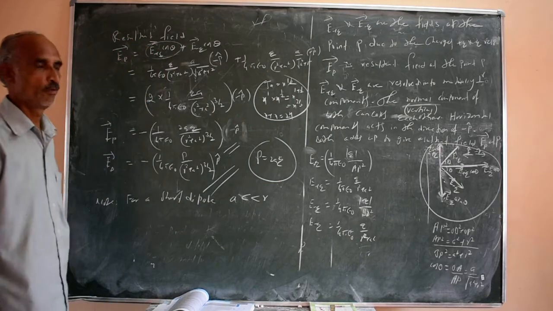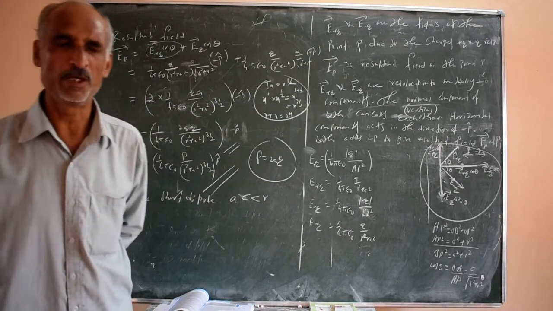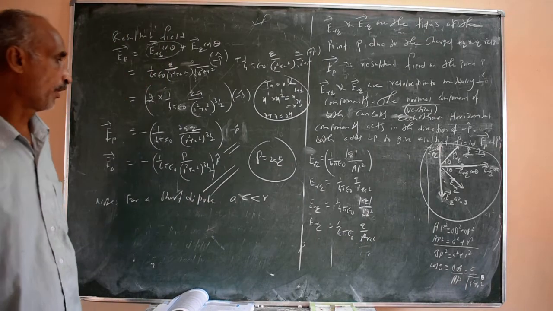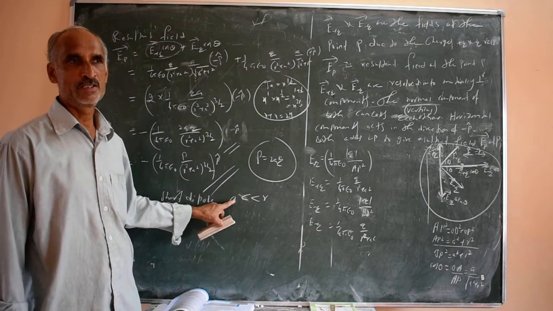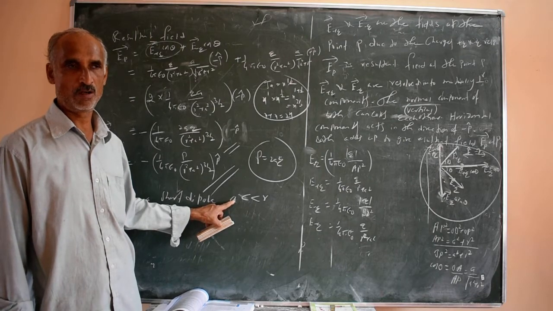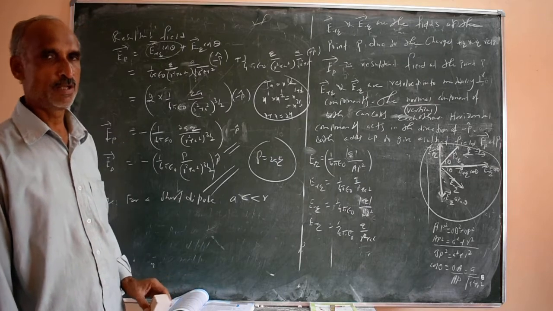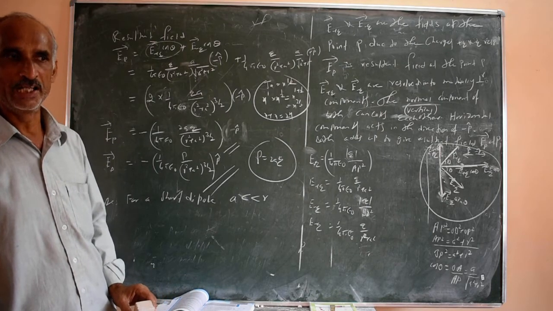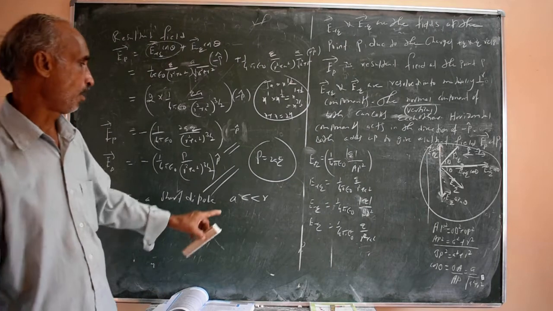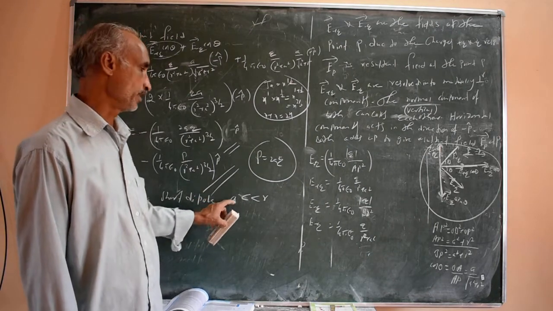The distance between the midpoint O and the point P is far greater as compared to the semi-axis of the dipole. The axis is 2a, semi means half of the total length; 2a is the total length of the axis, and half of that is 2a upon 2, that's a.